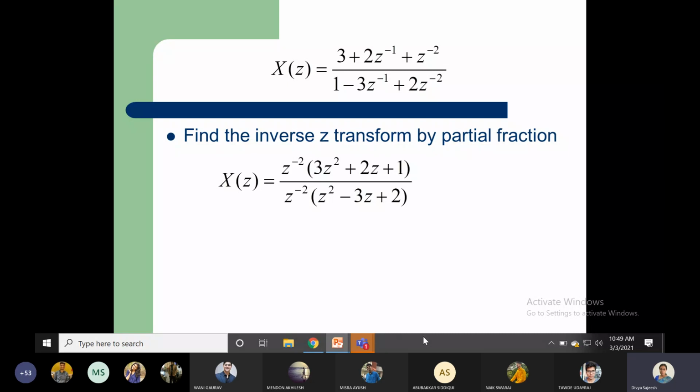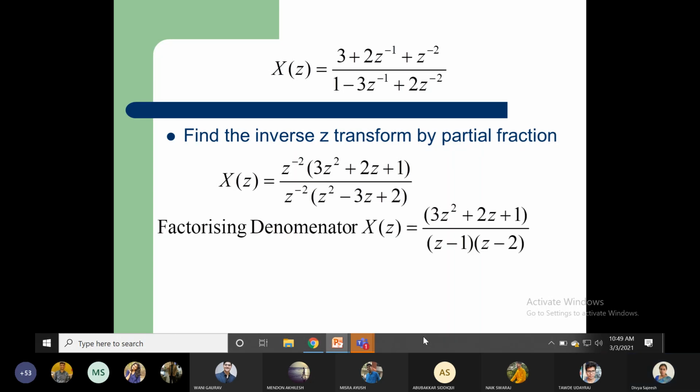So you take z minus 2 common from each term, from the numerator as well as from the denominator, and that will get cancelled. Let us factorize the denominator. Factorizing the denominator of x of z, you will get z minus 1 into z minus 2 in the denominator.